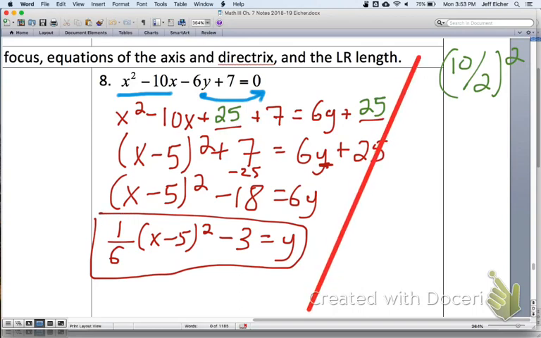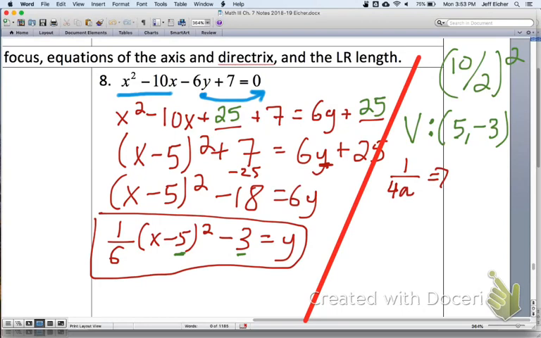See if we can write all the stuff that they're asking us for. The vertex is just 5, negative 3. And remember, we need our very, very friendly, famous 1 over 4a. We need that to be able to determine the focus and directrix.